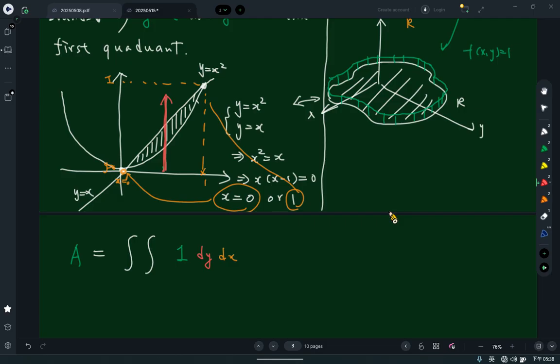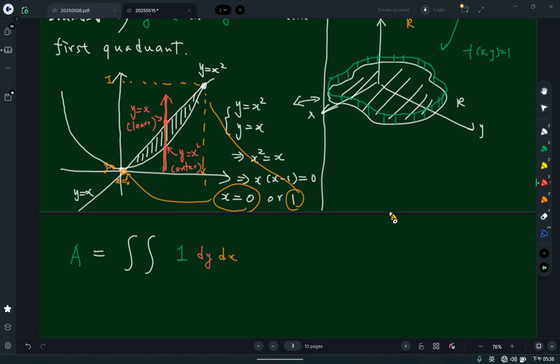So in this case, we will enter at y is equal to x squared. This is the entering point. Then we will leave at y is equal to x. This is the leaving point.